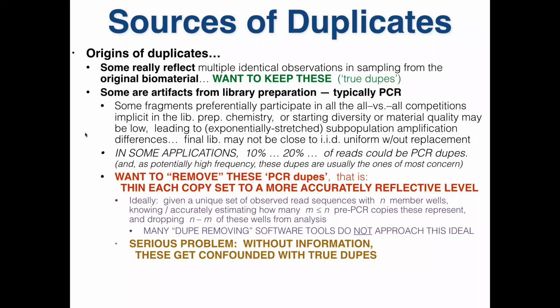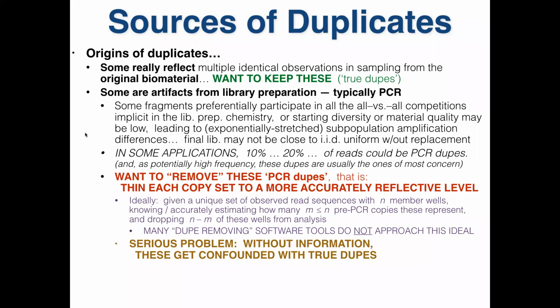It's not like you should just kill all the groups besides one. That's complicated, because it depends upon estimating rates and sequencing depth and all kinds of things. Many dupe tools are really not that sophisticated, and don't come anywhere close to approaching that idea. And so the process of deduping is also introducing biases.